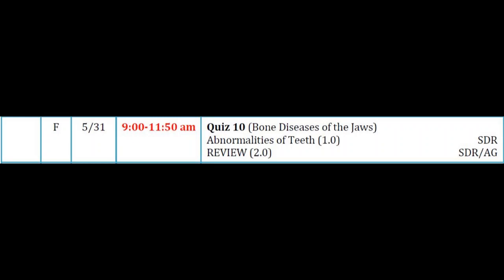What is this? Irritation fibroma? No. Anybody else know what it is? No. I get asked for consults all the time for this.